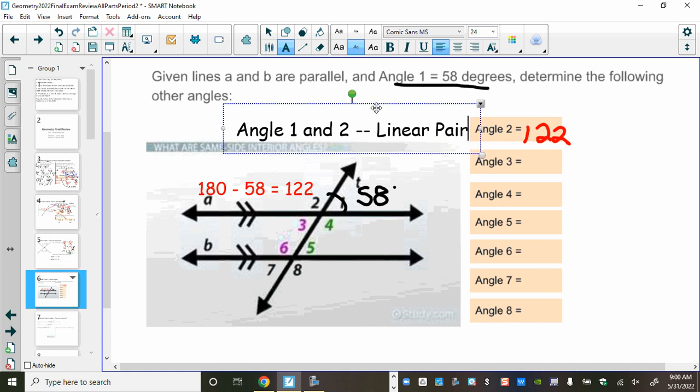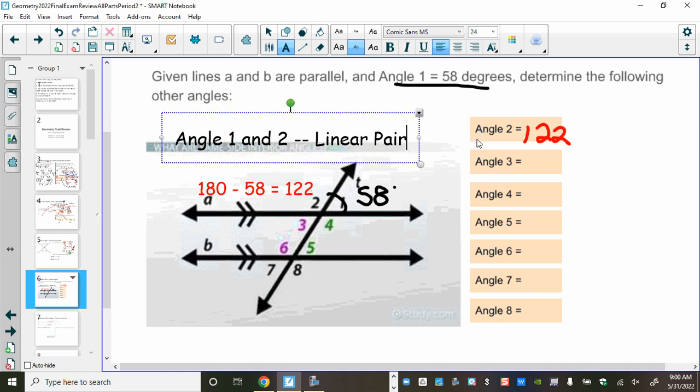What else do we know? What about these other angles? Anybody want to take a guess as to what all these other angles can and should be? What about 1 and 3? What's their relationship? We just talked about it a moment ago on the previous slide.